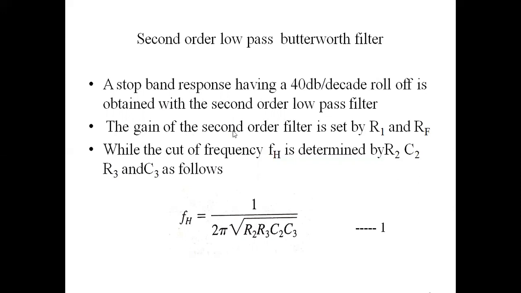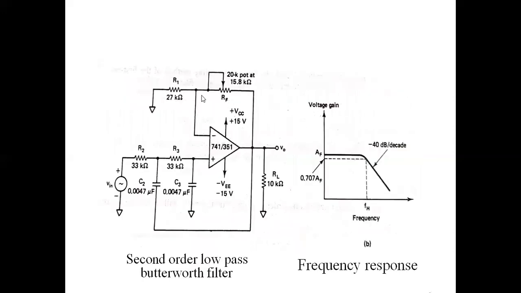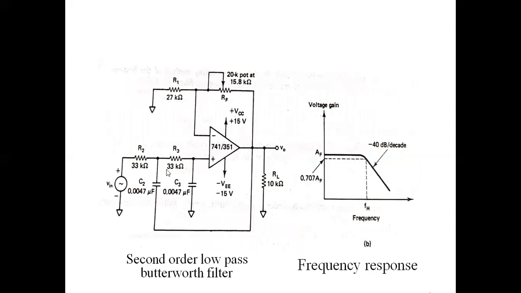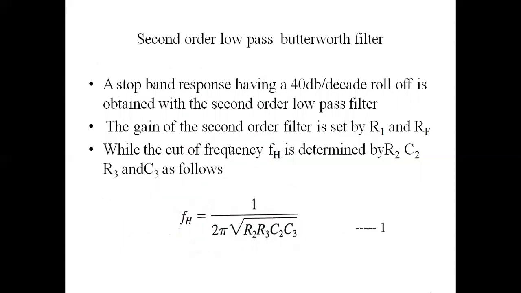As I said, the gain of the second order filter is determined by the resistors R1 and RF, and the cutoff frequency FH is determined by R2 C2 and R3 C3 as follows: the cutoff frequency is given by 1 over 2 pi square root of R2 into R3, C2 into C3. Call this equation number 1.